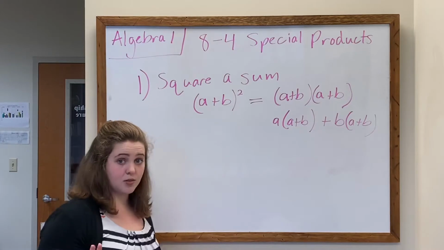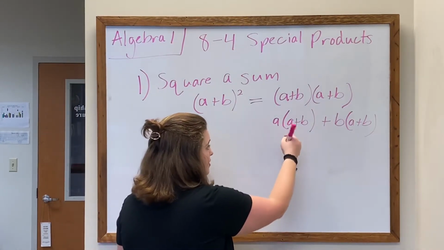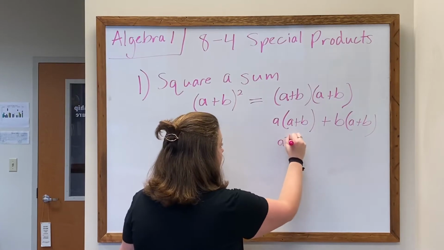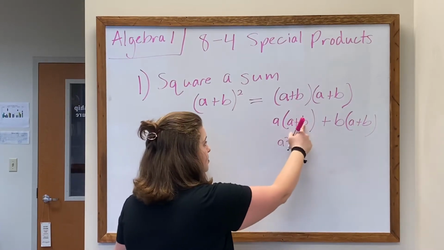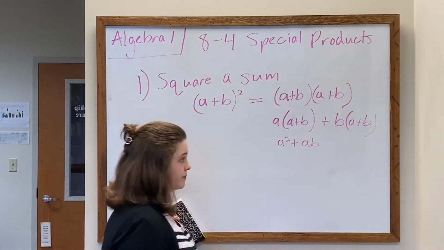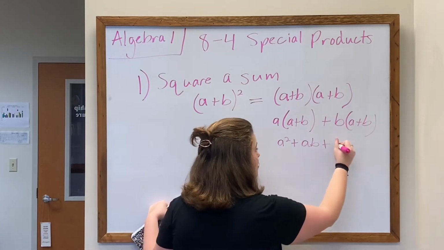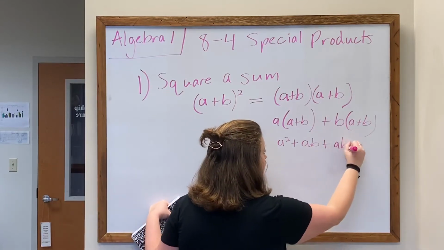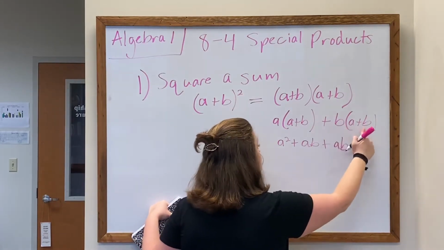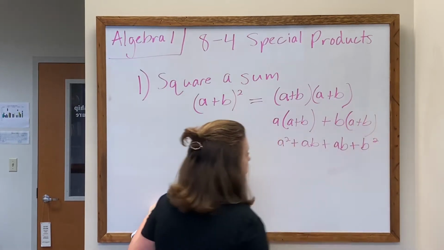Okay, now if I distribute and simplify this, I get a times a, which is a squared, and a times b, which will be ab, plus b times a, which will give us also ab, right? And b times b, which will give us b squared.